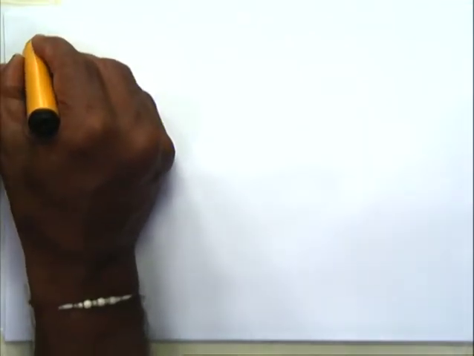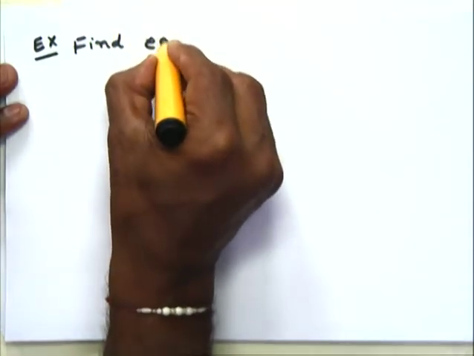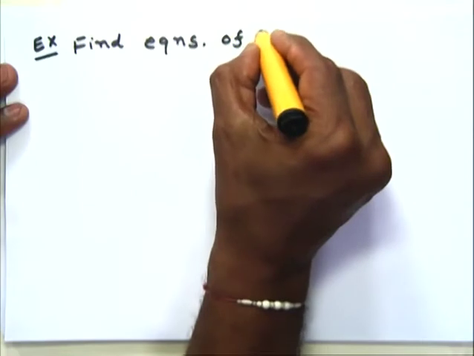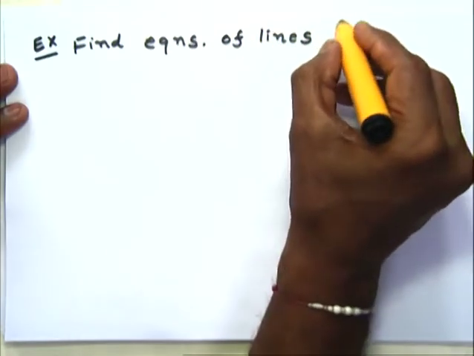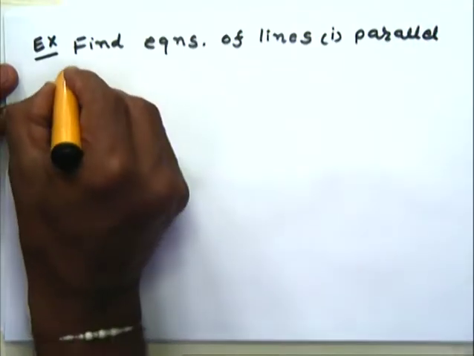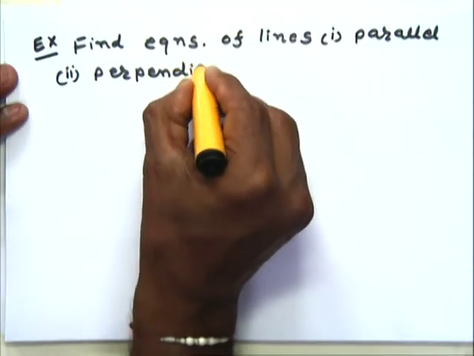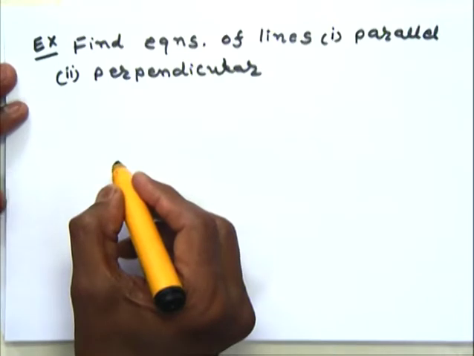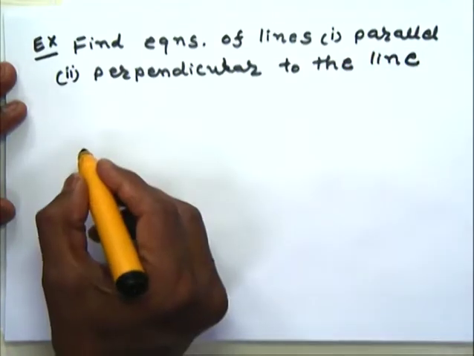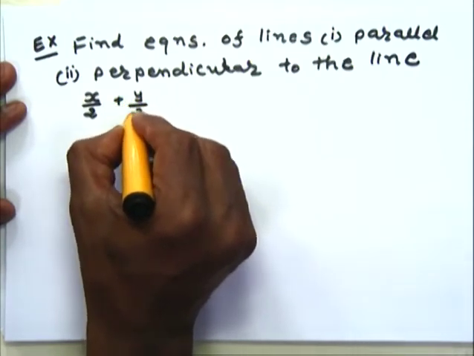like this one. Find equations of lines, number 1 parallel, number 2 perpendicular to the line x by 2 plus y upon 3 is equal to 1.